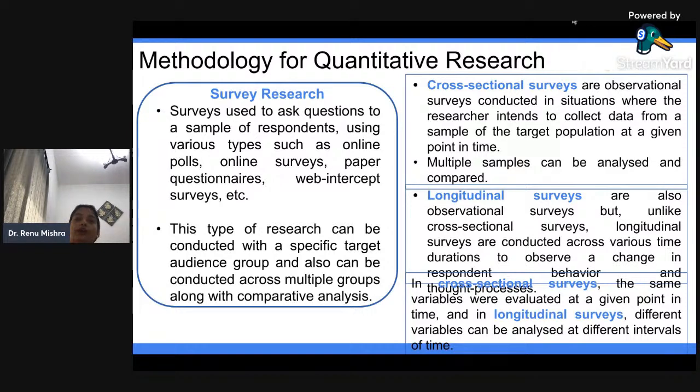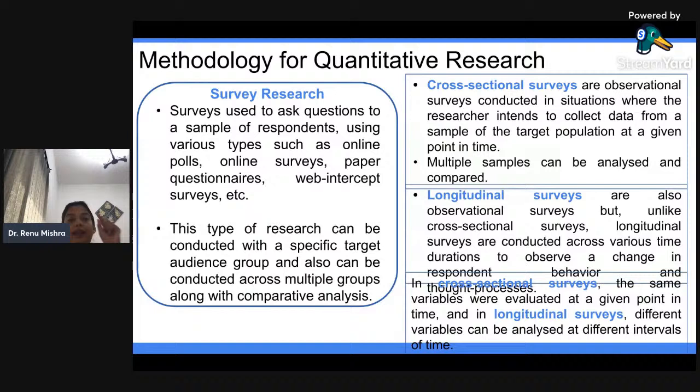He or she can conduct the same survey with different samples, so more than one sample is involved in cross sectional surveys. In longitudinal surveys, you are observing the sample's or respondent's behavior over a period of time.